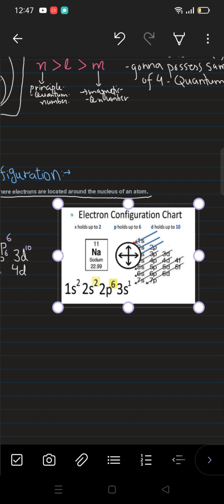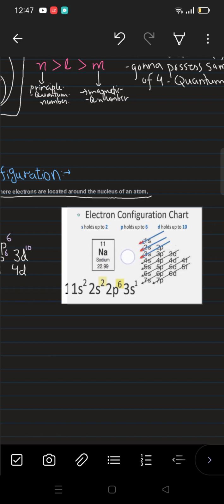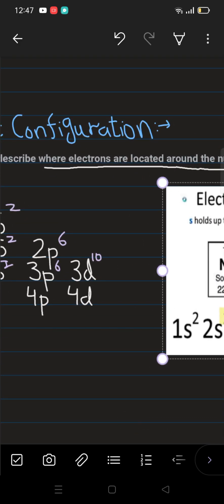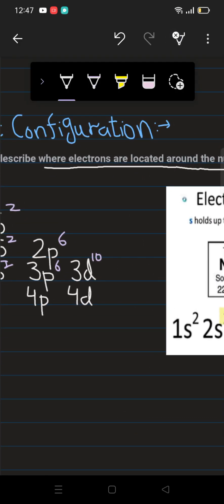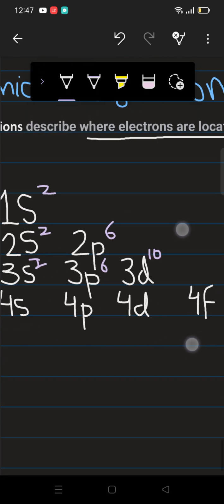Alright, now it is fine. So 4d, and here I have 4f as well, right?